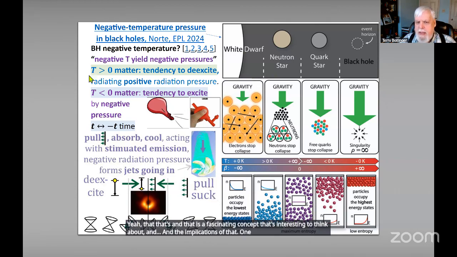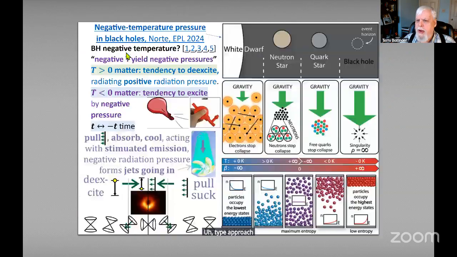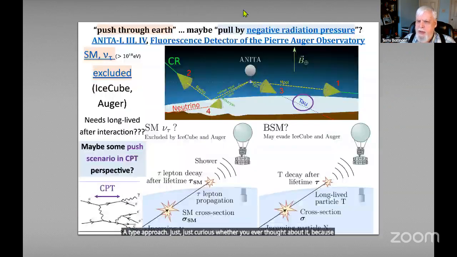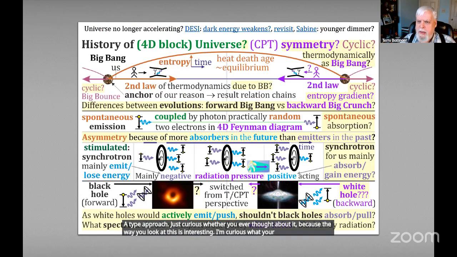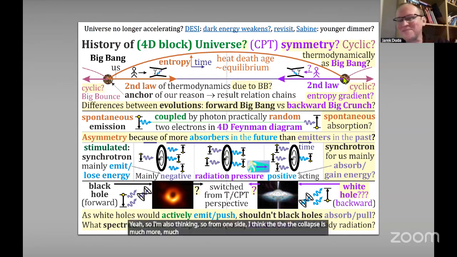One thing you were talking about was the CPT symmetries. Have you ever considered dual universe models as an aspect of CPT symmetry, not the Turok type approach? I'm curious what your thoughts might be on that. I'm also thinking about it. From one side, I think the collapse is much more aesthetic, but also there are suggestions that the acceleration seems to weaken, and finally my collapse makes it very symmetric.